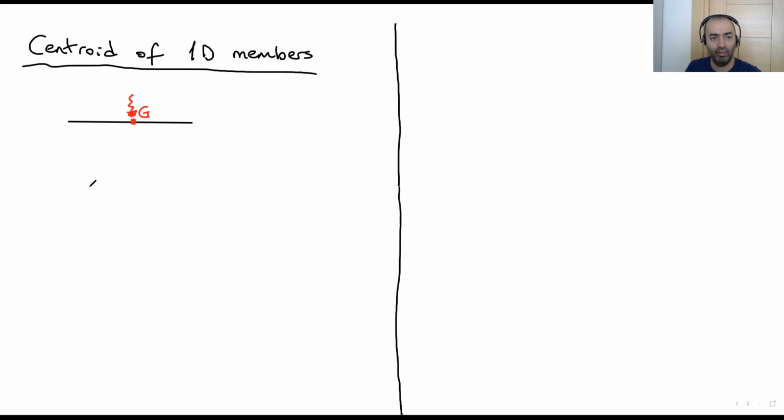But if we have a little bit complex shape, let's draw the same X and Y axis.